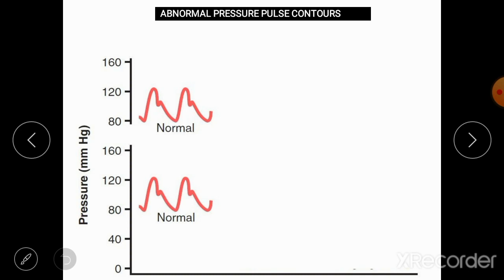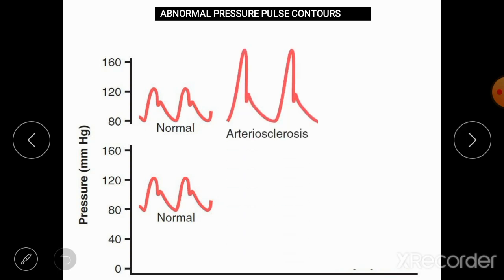Now let's look at different abnormal pulses and see what abnormalities are to be seen in these conditions. First of all, let's study what happens in atherosclerosis. As I already told you, atherosclerosis is the condition in which the aorta loses its compliance and becomes stiff.